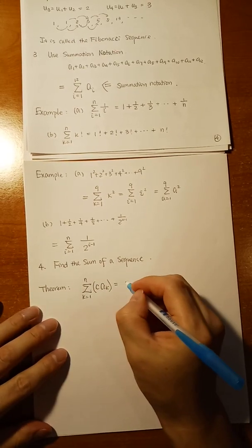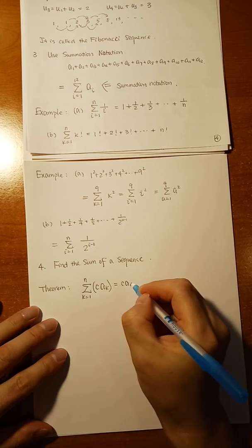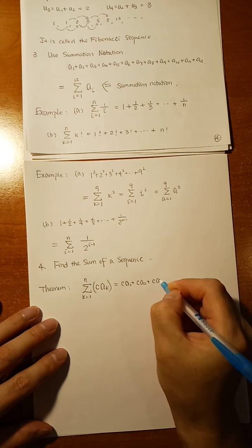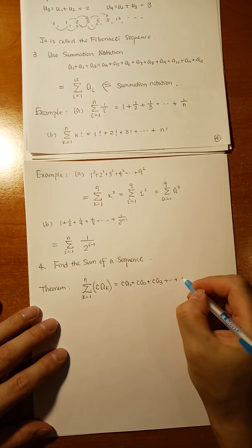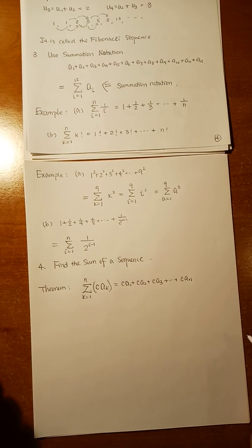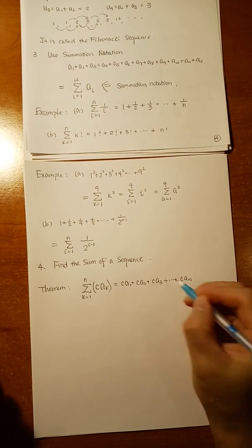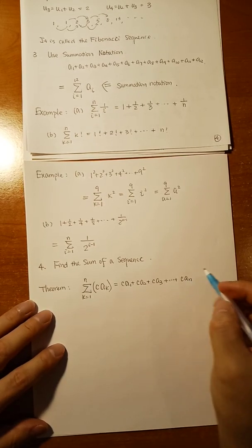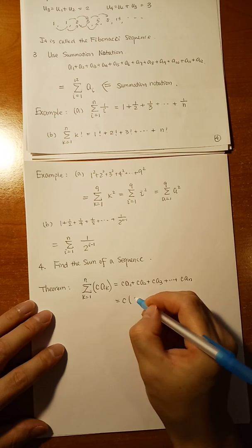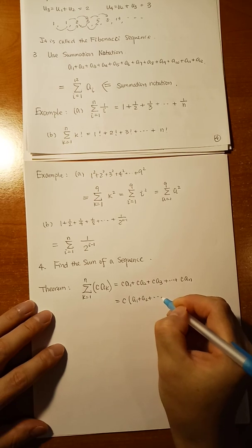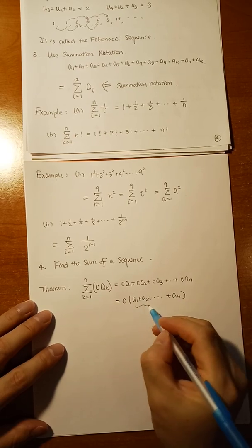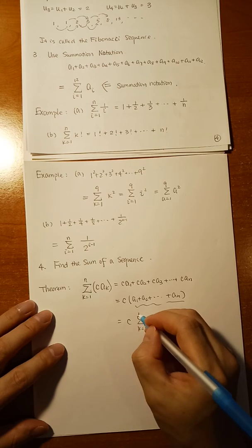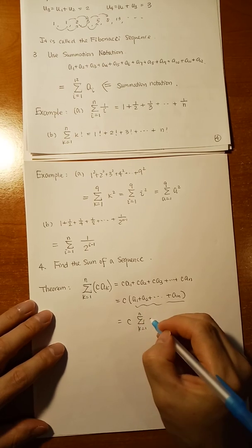It means the first term is a_1 times c, the second term is a_2 times c, the third term is a_3 times c. So every term you multiply by c. Since all the terms have the common factor c, we can factor it out. Then we have c times (a_1 plus a_2 plus up to a_n), and this long sum can be represented as the sigma, k from 1 to n, of a_k.